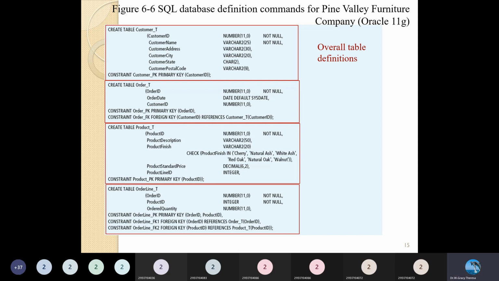So here order ID refers the customer ID from customer table. So each customer must have an order ID. So here order ID refers the customer ID of customer as its primary key.